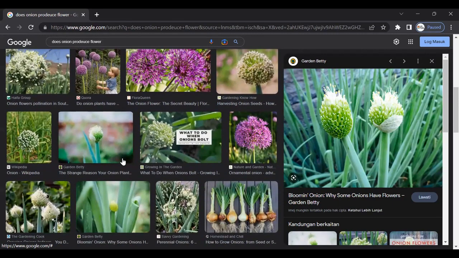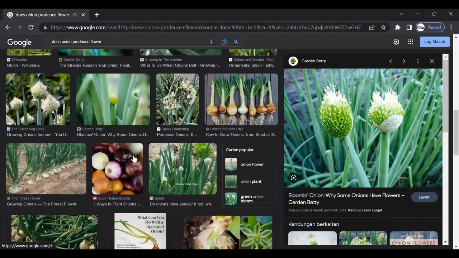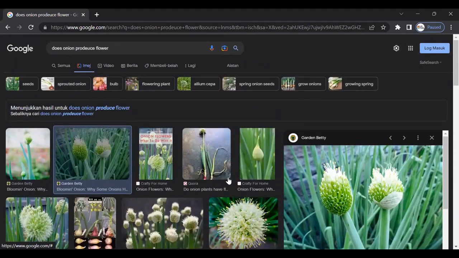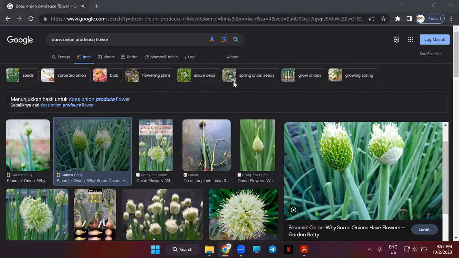Maybe because before the flower come out, people took the onion ready and sell it, so we are not able to see the flower. Maybe. Ini daun bunga bagi onion. Okay, so jawapan kita adalah, hold on.